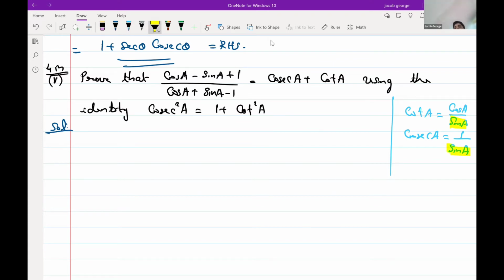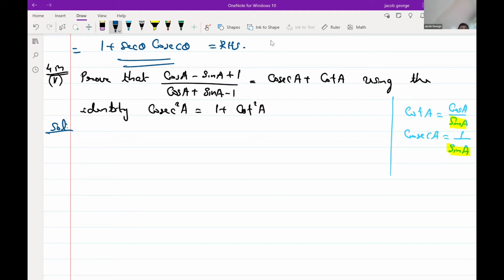So that is the key of starting. Dividing the LHS throughout by sin A, because cosec A is 1 by sin A and cot A is cos A by sin A. To convert the given LHS to cosec and cot, dividing it throughout by what? Dividing it by sin A.